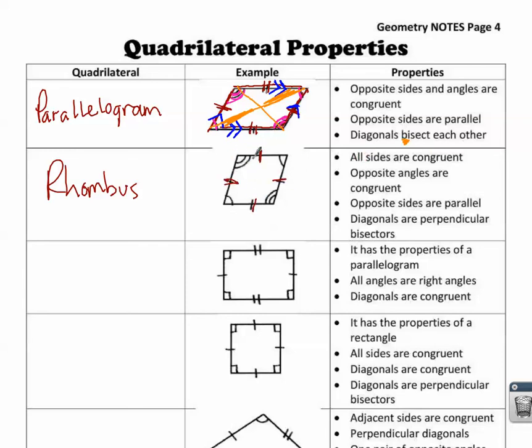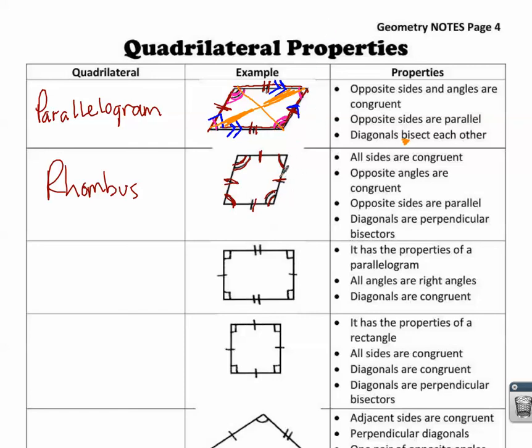That represents that all of the sides are congruent. Opposite angles are congruent. So you note that these two are congruent to each other, and these two are congruent to each other. But remember, if it has two tick marks and one tick mark, that means they are not congruent to each other. They have to have the same amount.